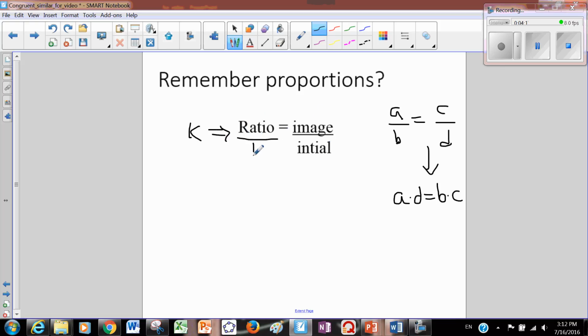So if we put our ratio over 1 and do our proportion, then if I want to find my image, I take my ratio times my initial measure. And we'll see what it means when we have numbers. Okay, I just realized I'm missing an I.